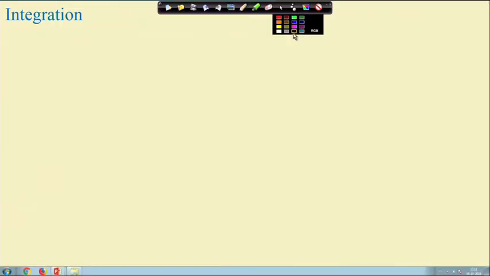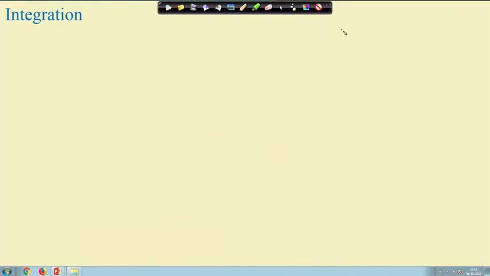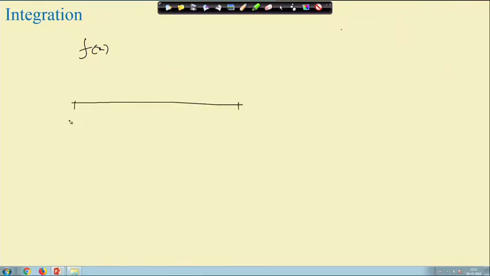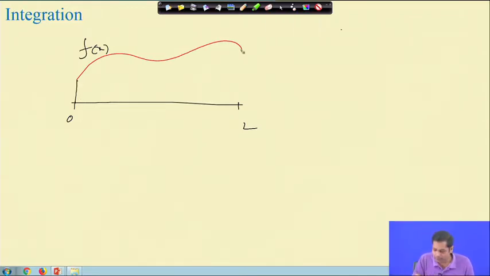Before coming to the technique that is widely used in the finite element method for integration, suppose I have any function f(x) defined between 0 and L. I have to integrate this function between these two points, so we have to integrate f(x) dx over this length omega. This is integration.